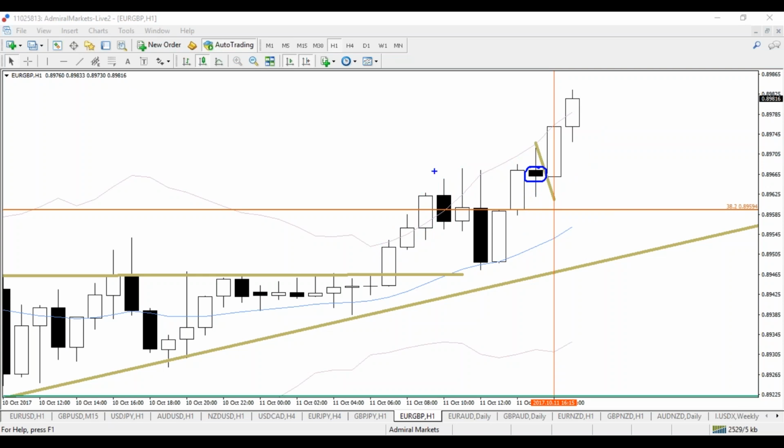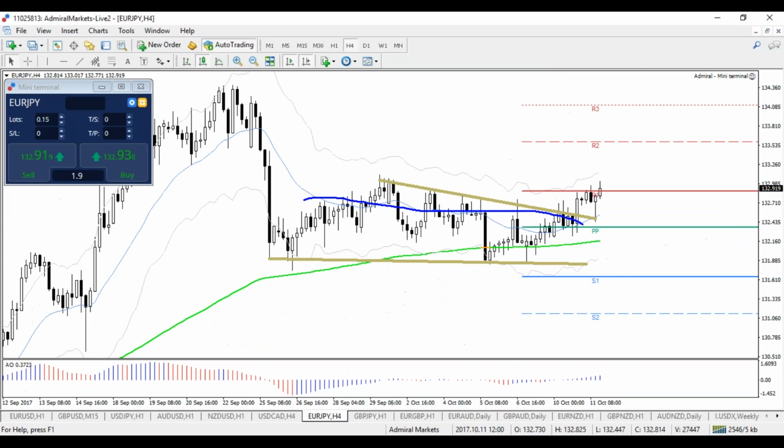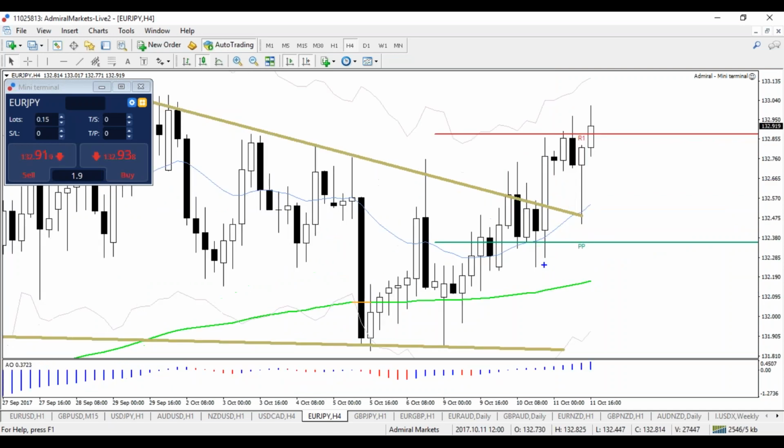All right, euro yen. In my view, it was trying to break this chart pattern on a 4-hour chart, and that was a good 4-hour breakout candle, I think. So there are a couple of ways to trade it. One could be this low, stop loss here. The other could have been here, depending on what target you have in mind.